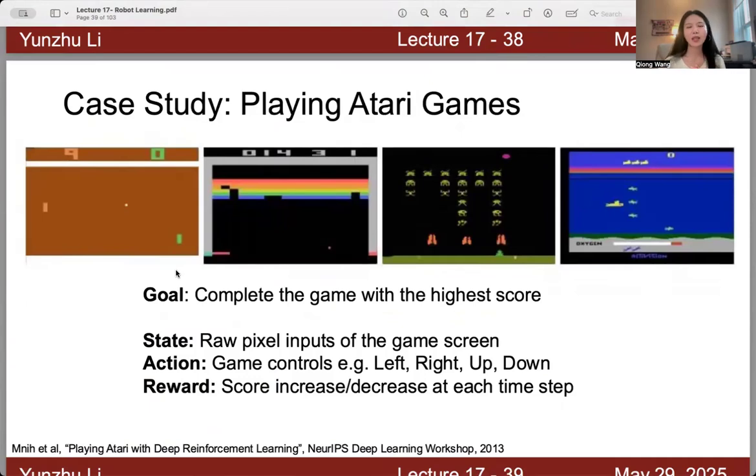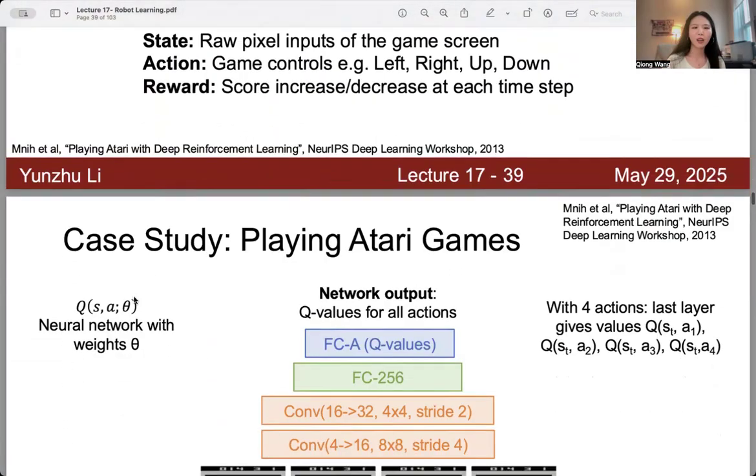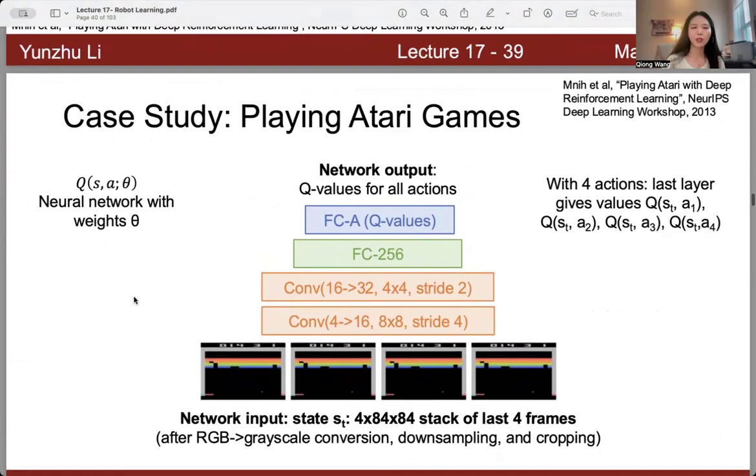This is a case study of playing Atari games. The goal is to complete the game with the highest score, and the reward is the score increase and decrease at each time step. We use the Q function to learn it.